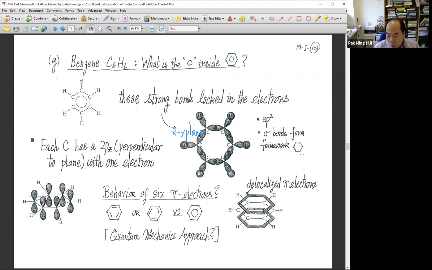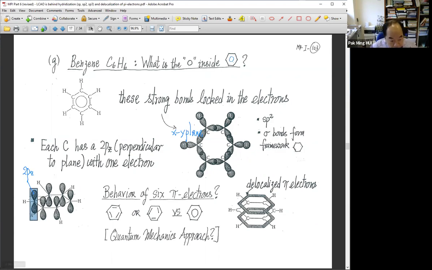Now, the question I want to discuss here is the following. Each carbon still has a 2pz. So this is the 2pz sticking in and out of the XY plane. So they live like this.